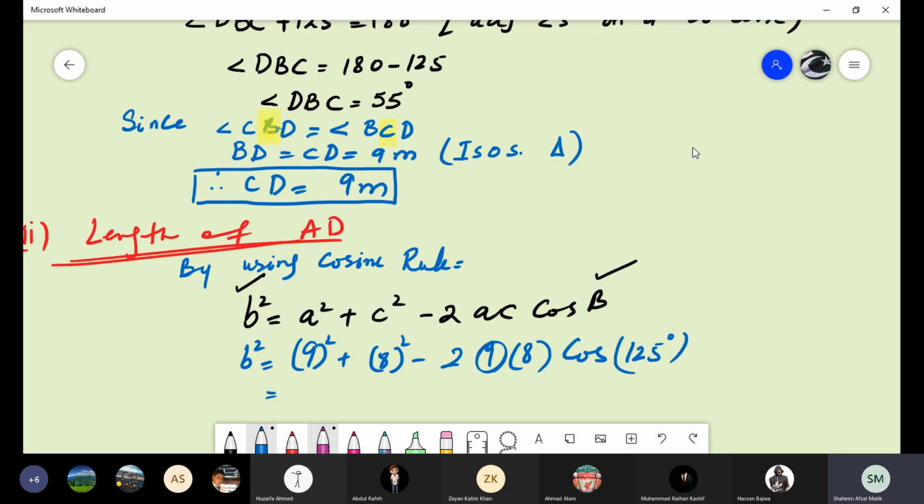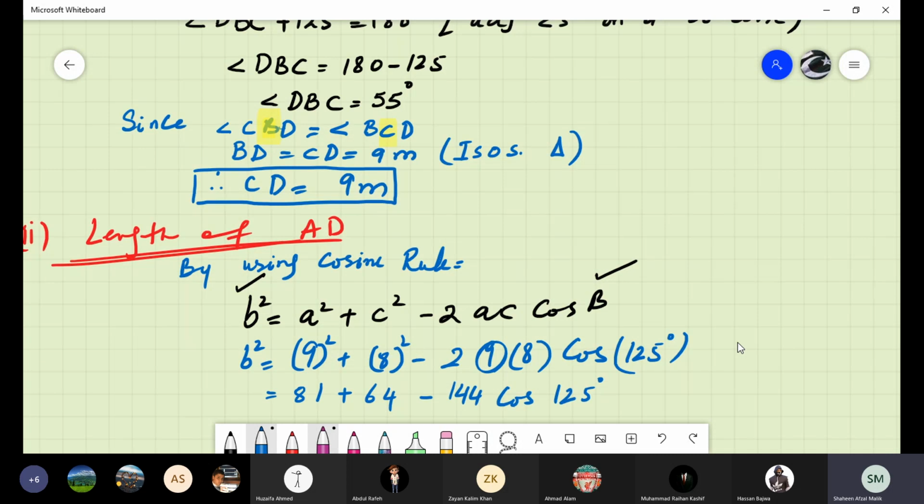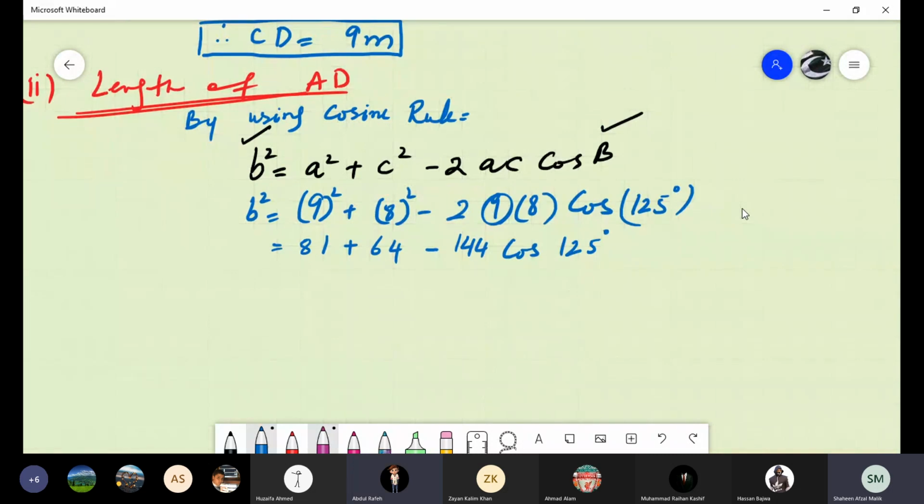Quickly solve the values. What is 9 square? 81. 8 square? 64. Minus 8 twos are 16, and 16 nines are 144, cos 125. Take cos 125 and simplify all these values. Cos 125 is minus 0.57.